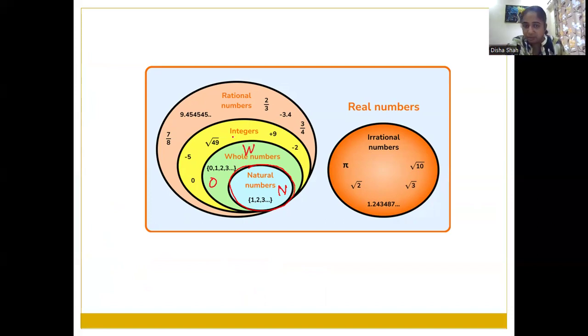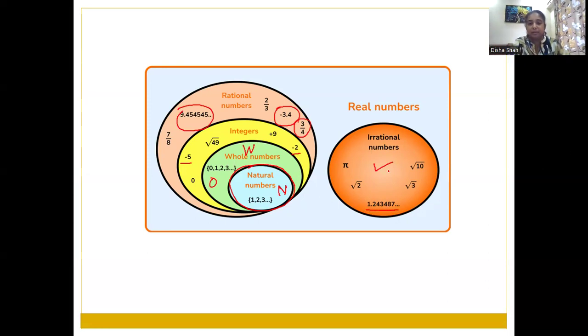Then comes integers, wherein the negative numbers are also there like -5, -2. इंटीजर्स तक के जो भी नंबर्स हैं ये पूरे पूरे नंबर्स हैं. उसके ऊपर आते हैं रैशनल नंबर्स, where we write the fraction वाले नंबर्स like -3.4, 3/4. This all are rational numbers. The numbers which are not rational, they are irrational. So this is rational, this is irrational, are two different categories. Irrational numbers examples are √2, √3, √10, pi and such type of numbers.